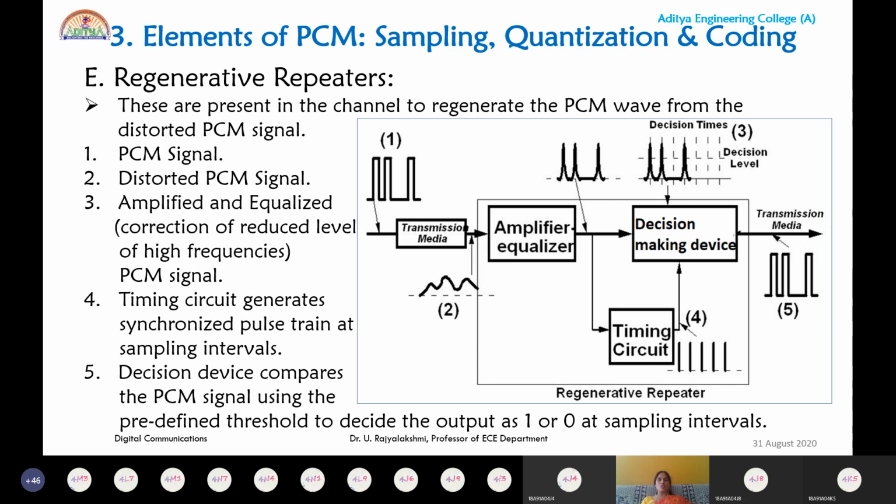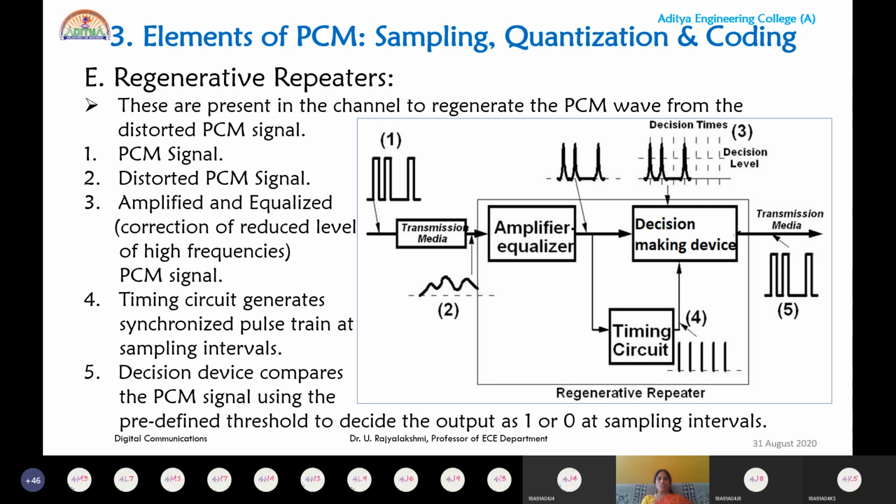So the repeater consists of an amplifier section and a timing circuit. This timing circuit is especially to generate the synchronized pulse train. You have used a pulse signal at the transmitter section, so the same synchronized pulse train should be generated at sampling intervals provided by the sampler.